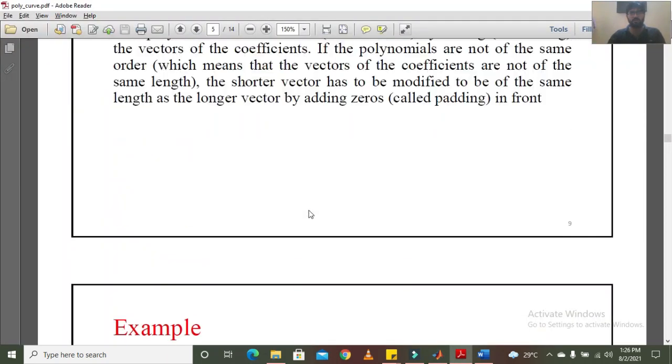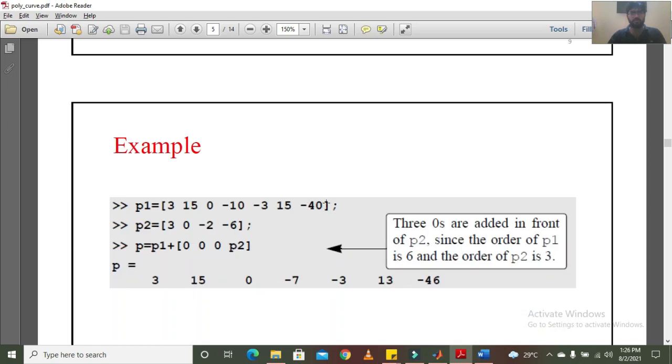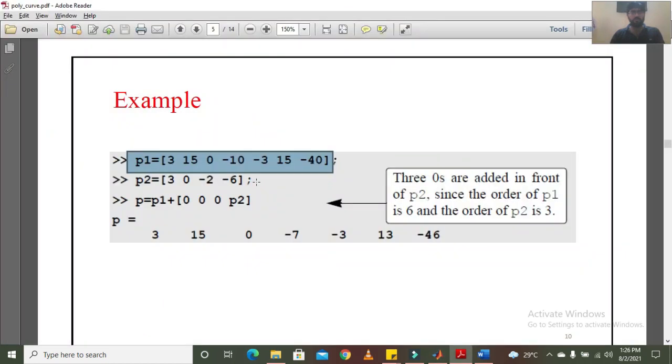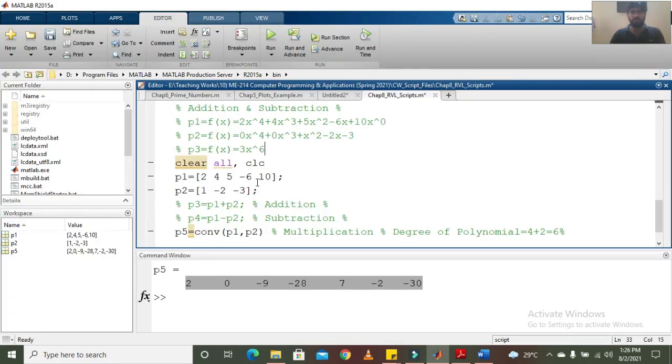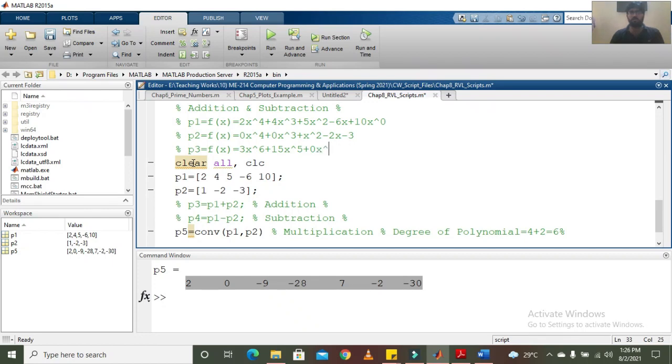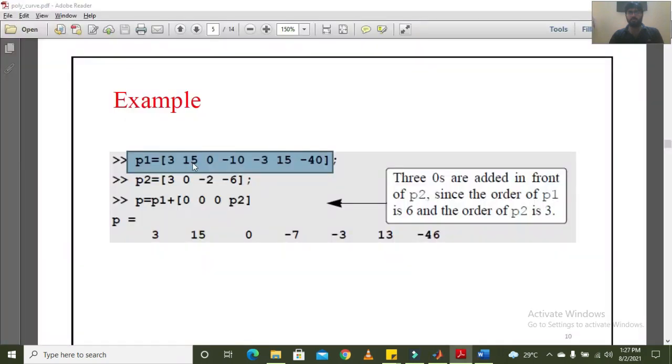Let's take this as p3, which means we have 3x to the power 6, 15x to the power 5, 0x to the power 4, minus 10x to the power 3, minus 3x to the power 2, 15x, minus 40.